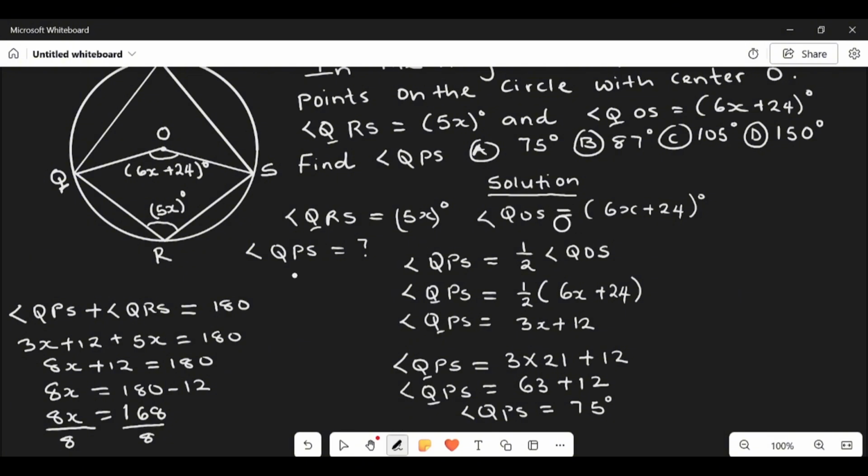That means the correct answer is option A, which is 75 degrees.